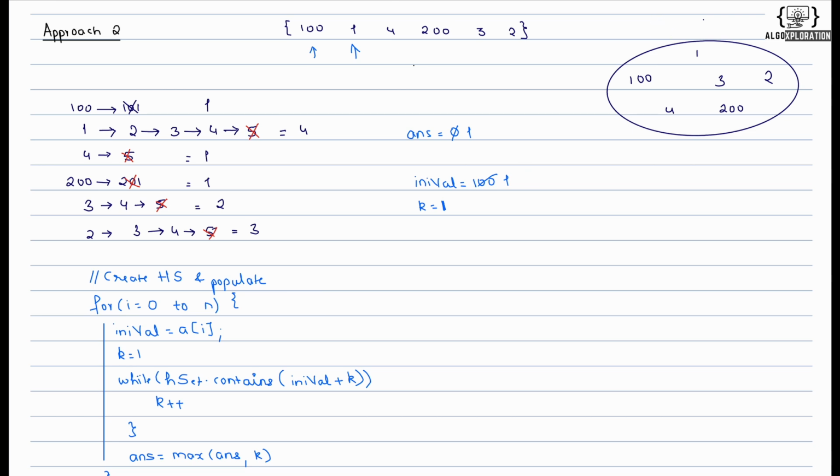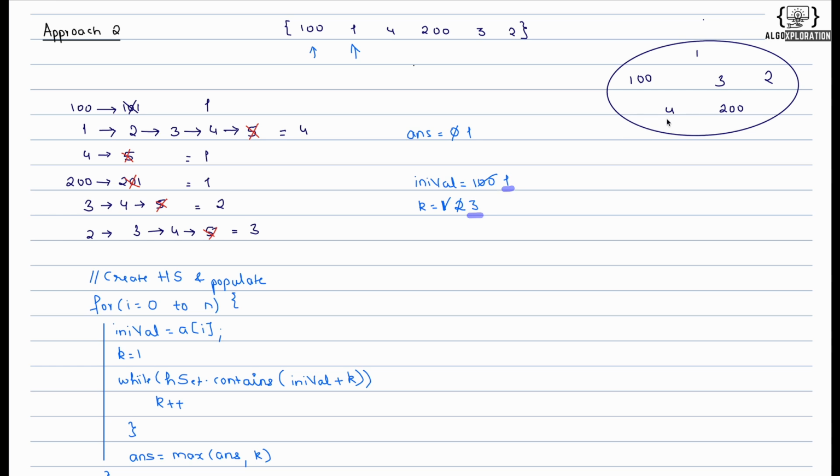So I'm going to increment the value of k, and then I'm going to run the loop again. Now the value of k is 2 and the initial value is 1. So 1 plus 2, that will be 3. Again check whether 3 is present. Yes, 3 is present. So increment the value of k, that will be 3. Check again 1 plus k, that is 4, whether 4 is present in the hash set.